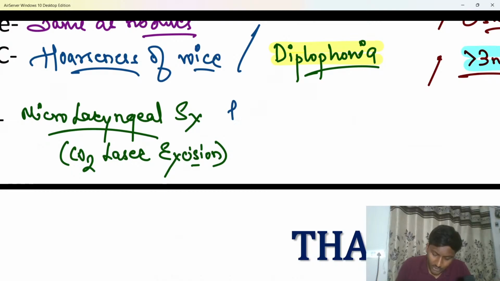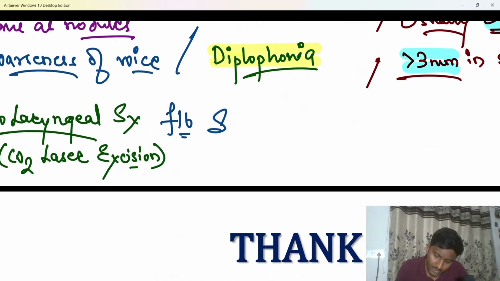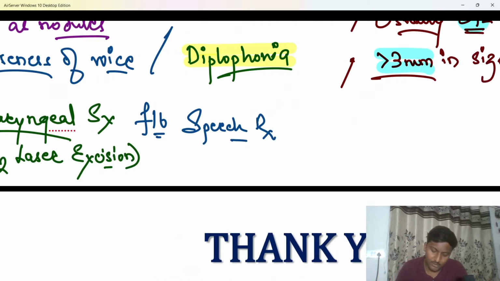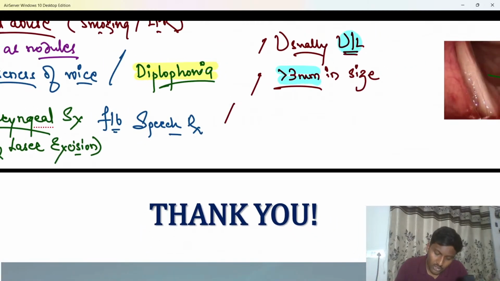Followed by beta, whenever you have to do a surgery on the vocal cord, the vocal cords will get damaged and the patient might have some problems with the voice. So followed by microlaryngeal surgery or excisions, you always have to recommend beta speech therapy to the patient. Okay, patient might have some difficulties in speech. That's the reason you have to recommend speech therapy to the patient. And as I told you, you cannot say that to patient once he is operated and speech therapy is done, he will be absolutely fine, he will never develop polyps again.